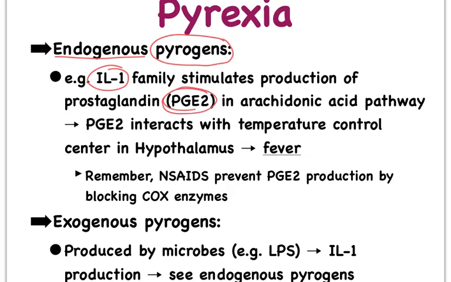Remember how it then can communicate with the hypothalamus to trigger a fever via manipulation of the temperature control center of the hypothalamus. Remember, we discussed the prostaglandins when we touched on the eicosanoids and the arachidonic pathway. But chemicals produced by microbes, like lipopolysaccharides, can also trigger the interleukin 1 production and therefore lead to a fever.